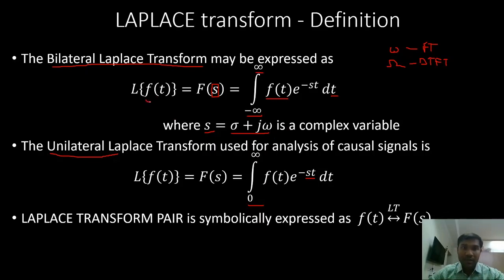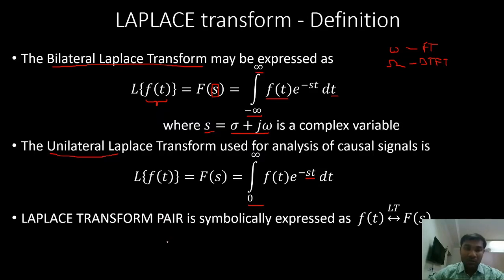Laplace transform of any given function f of t is equal to F of s, and it is defined as integral from minus infinity to plus infinity f of t e power minus st dt, where s is sigma plus j omega. If it is defined for both positive and negative values of t, then we call it bilateral Laplace transform. If it is defined only from 0 to infinity, then it is called unilateral Laplace transform.